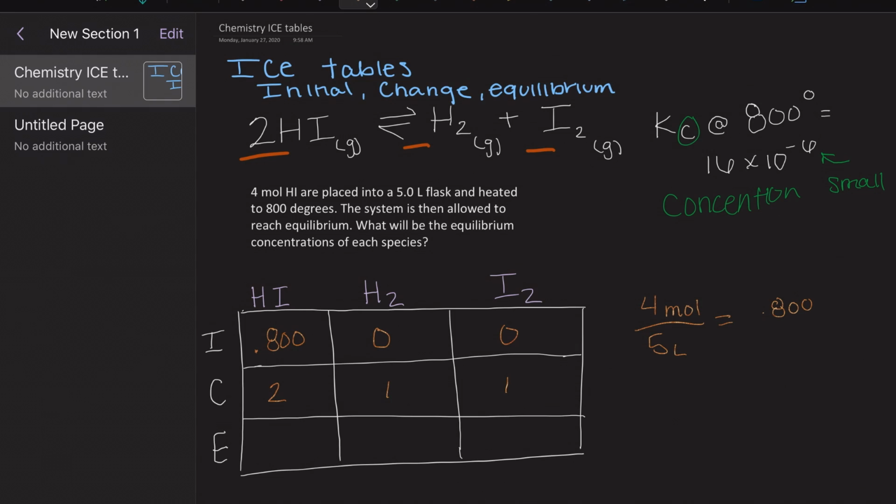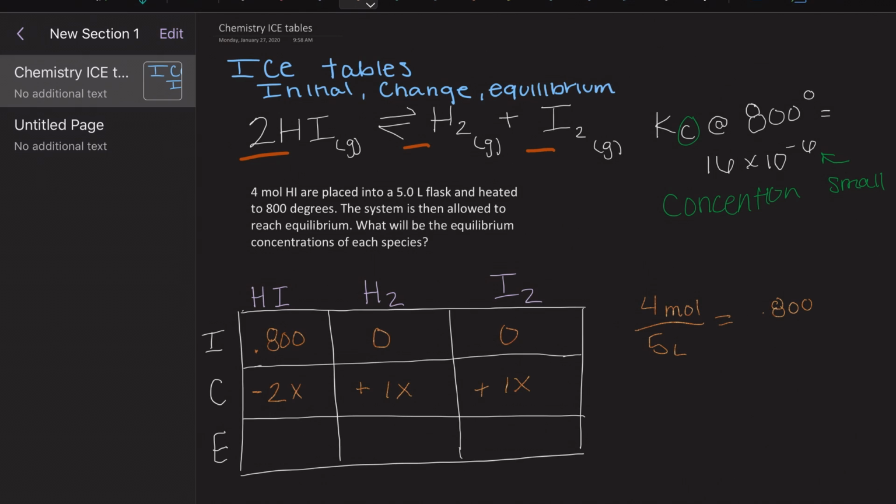Since we're doing the forward reaction, we know that our change is going to be subtraction for our reactants and addition for our products. And since we don't know exactly how much we're going to get, we're going to denote the change with an x.